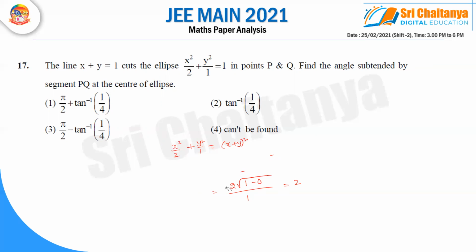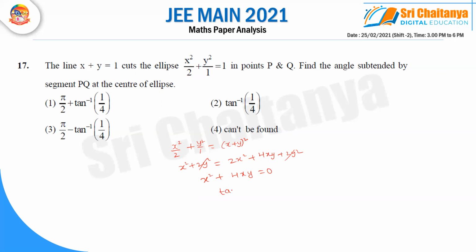So here when I cross multiply by 2, I will be getting it as x square plus 2y square equal to 2x square plus 4xy plus 2y square. So after one step, these two are getting cancelled and I will be getting x square plus 4xy equal to 0.